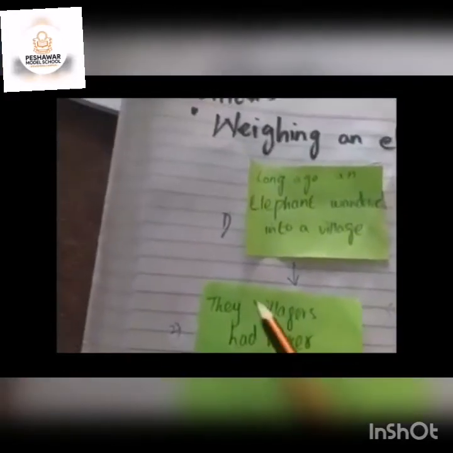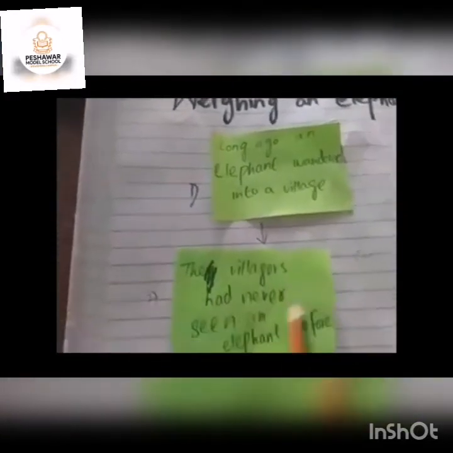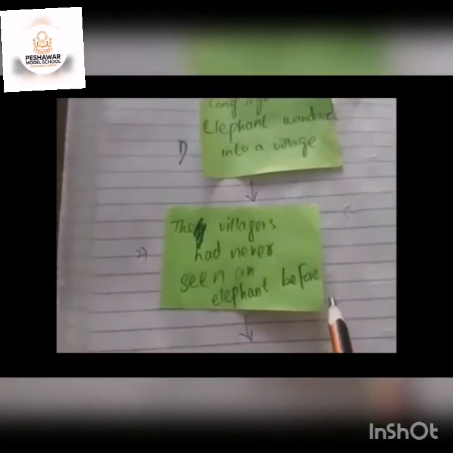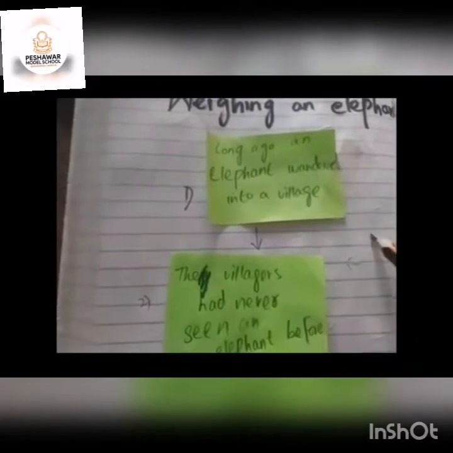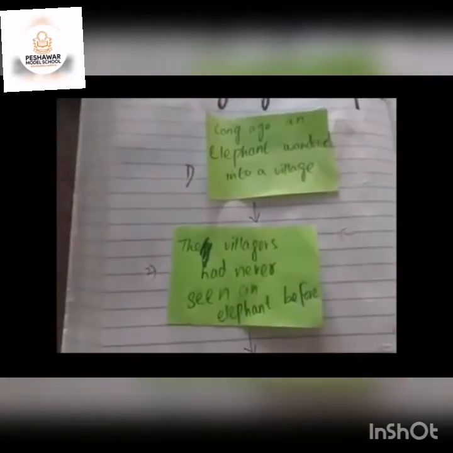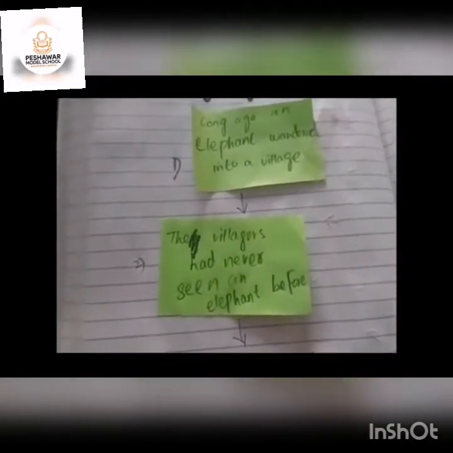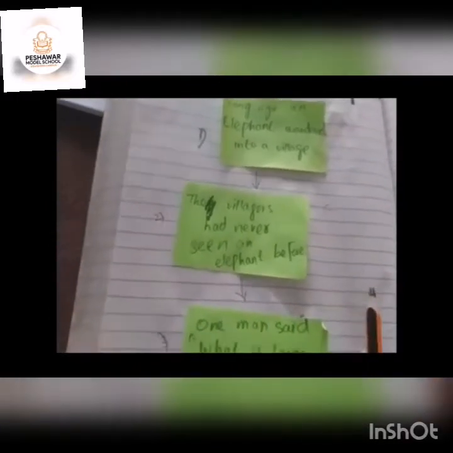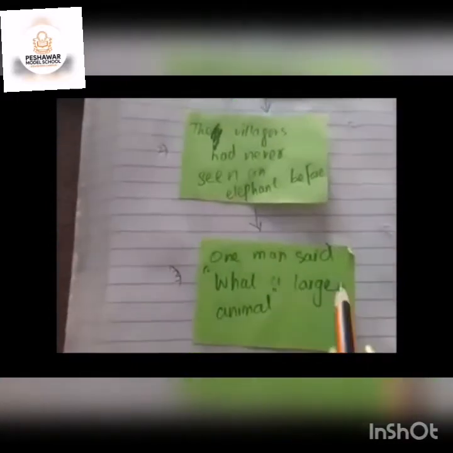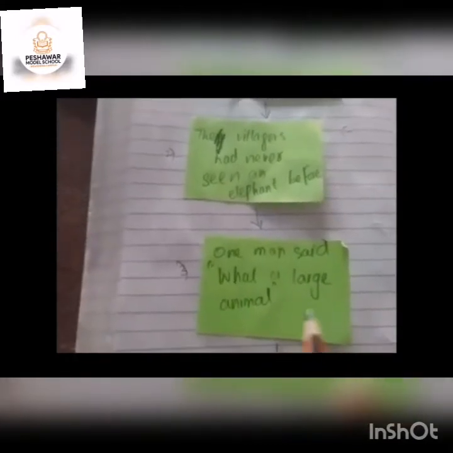The villagers had never seen an elephant before. The village where the elephant came wandering, those villagers had never seen an elephant before. It was such a huge animal, so they had never seen one. One man said, "What a large animal!"